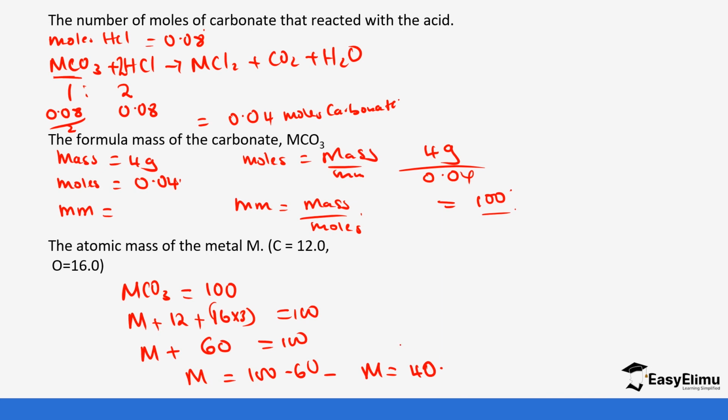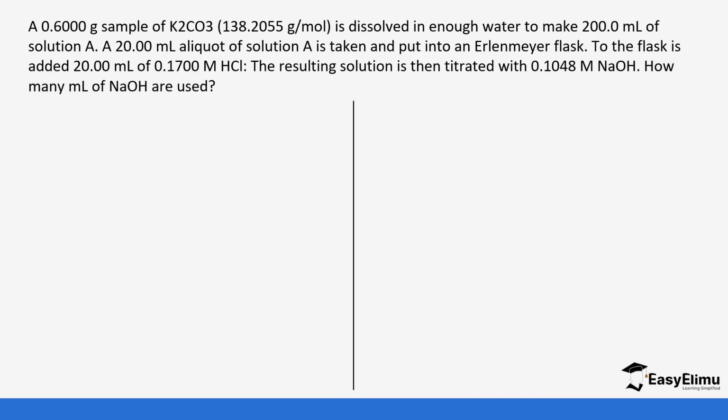Let's do another question. 0.6 grams of potassium carbonate is dissolved in enough water to make 200 ml of solution A. A 20 cm³, or 20 ml, aliquot of solution A is taken and put in a flask.